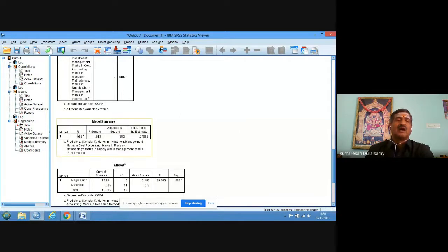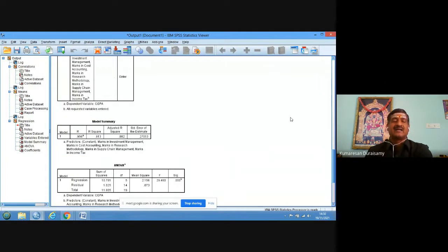R value is the coefficient of correlation. It is 0.956. So the correlation among these variables is 0.956. What is R square?